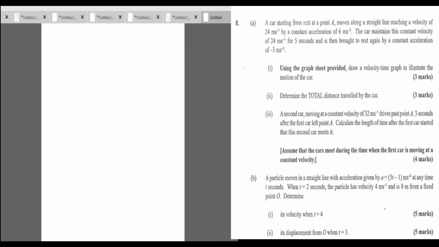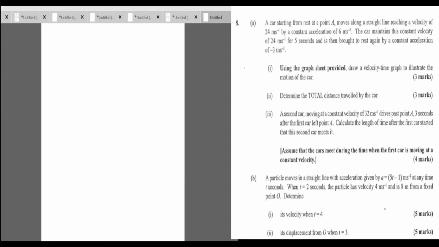Question 8 says, a car starting from rest at A moves along a straight line, reaching a velocity of 24 meters per second, and it has a constant acceleration of 6 meters per second squared. The car maintains this constant speed for 5 seconds, and then it is brought to rest again.